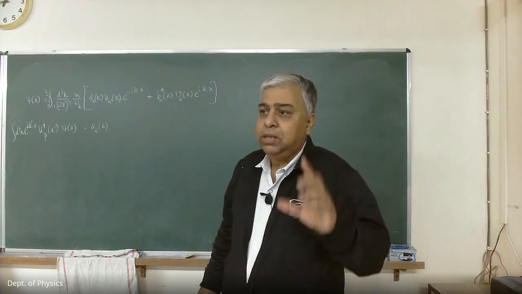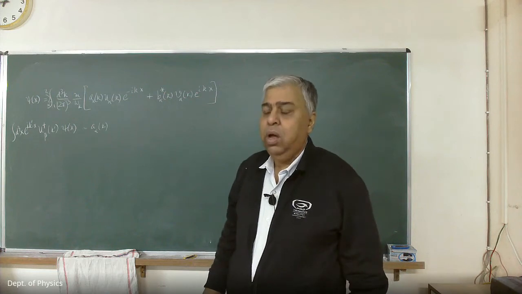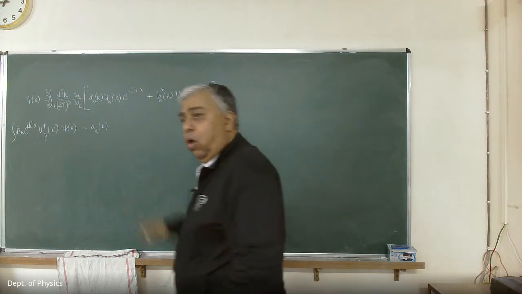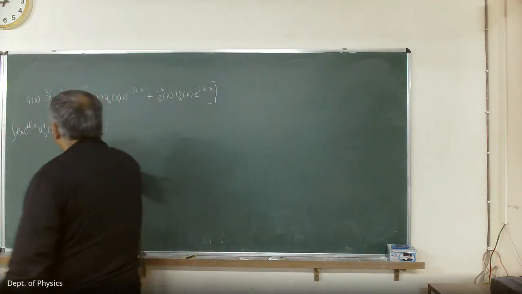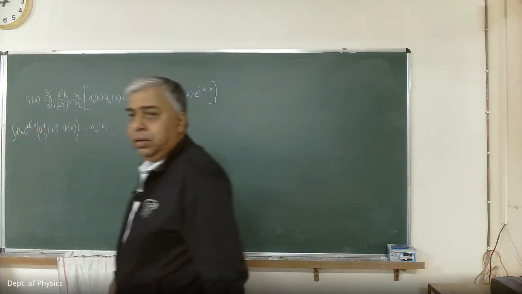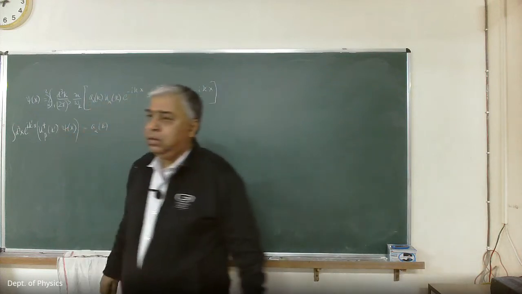For positive energy, there are two such, U1, U2, and for negative energy, there are two such, V1, V2. All of them are four component spinors. So this is also a number, because this is a row vector and this is a column vector.